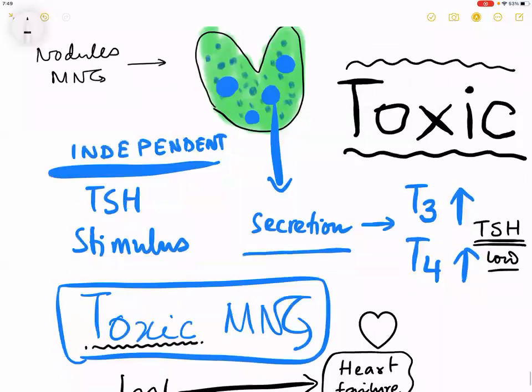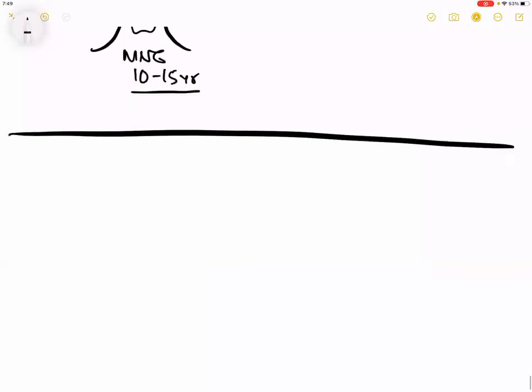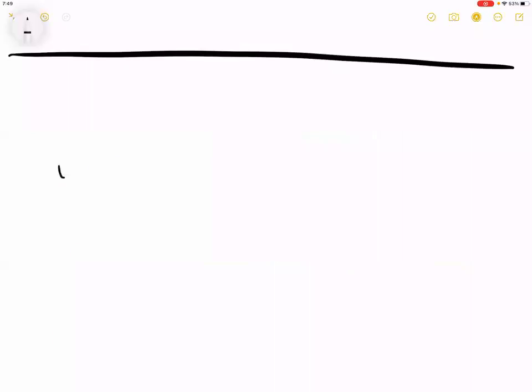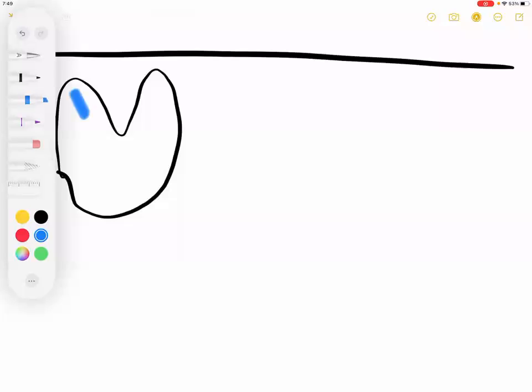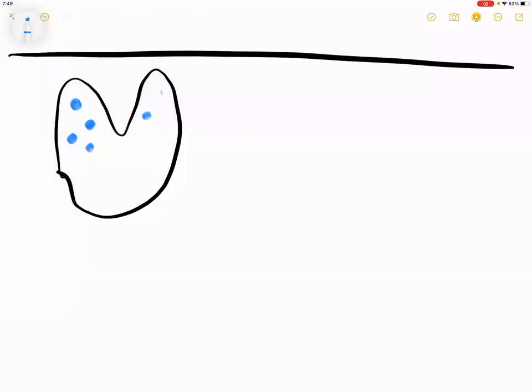Yes, sir. Okay, if you have written up till this point, the last of the changes is something again. Someone said that these are the nodules, and these nodules, as you have said, are the multinodular goiter. Now, the multinodular goiter growth stimulus was under the control of which hormone?